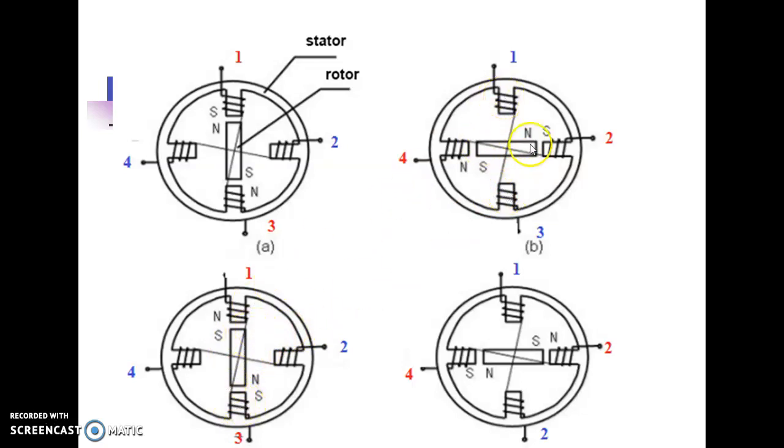So again another 90 degree rotation. In a similar way it continues. By switching the poles on and off, we make the rotor rotate. Each rotation is one step angle. In this case the step angle is 90 degrees.